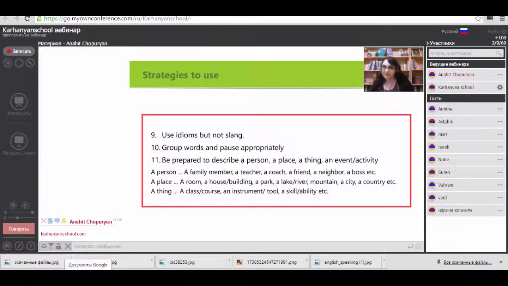Some specific adjectives you must have for a friend, for a neighbor. Okay, so you mustn't speak like from the first time. Yes, you must be prepared for this part.